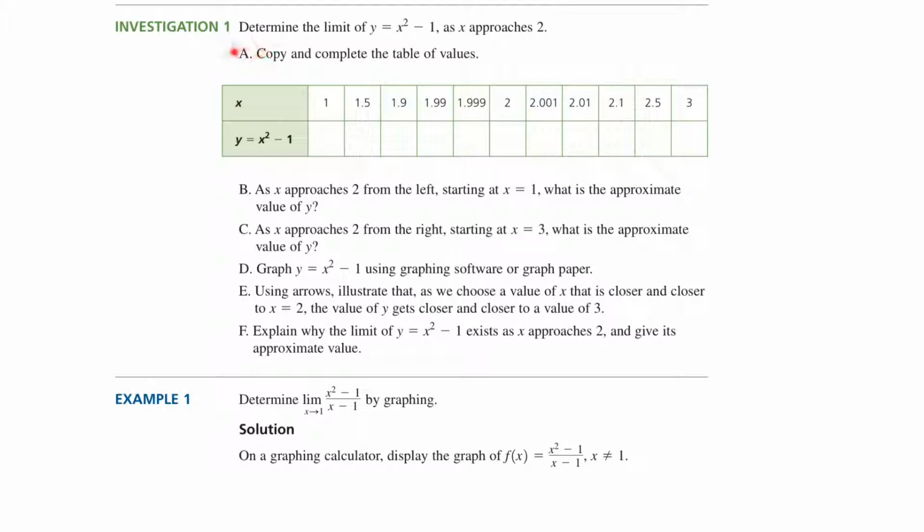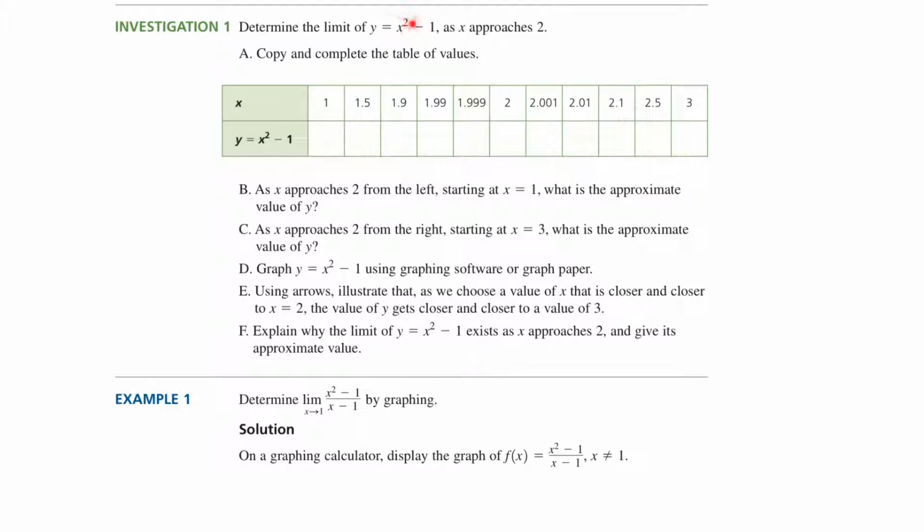The book starts with an investigation determining the limit of y equals x² minus 1 as x approaches 2. There's a table of values given and we are asked to complete the table.